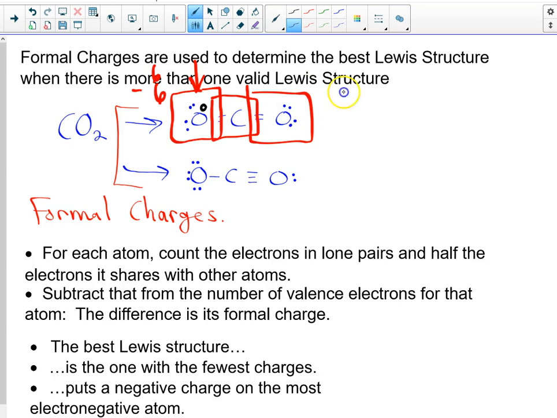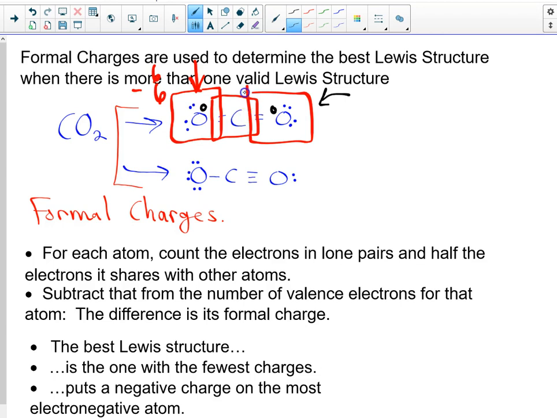And now, if you notice, this is the same structure, just mirrored. So I don't need to do the math again. It's just 6 minus 6. So I'm going to put a little 0 here on that oxygen. Are we okay with that? It's the same structure or bond. All right, and then carbon, all 8 of its valence electrons are shared, so really it has how many assigned to it?